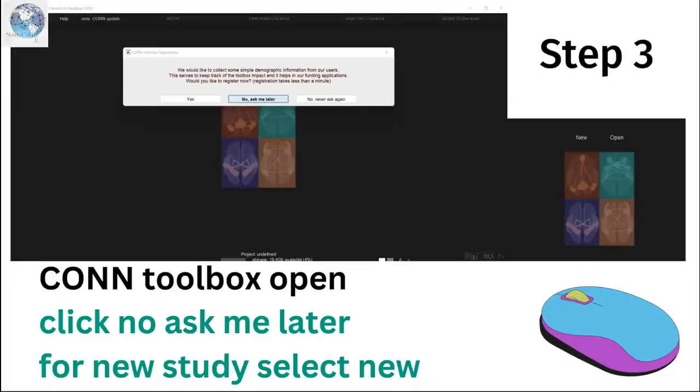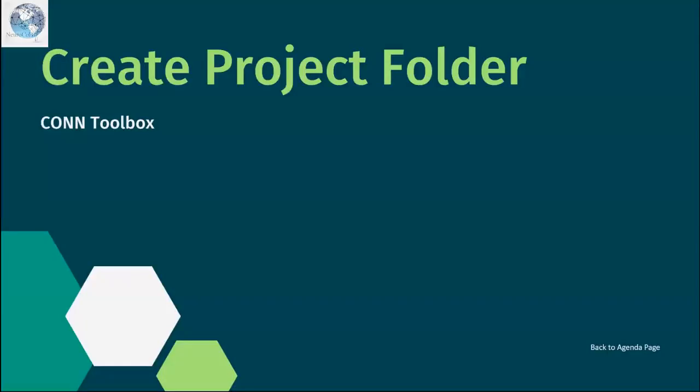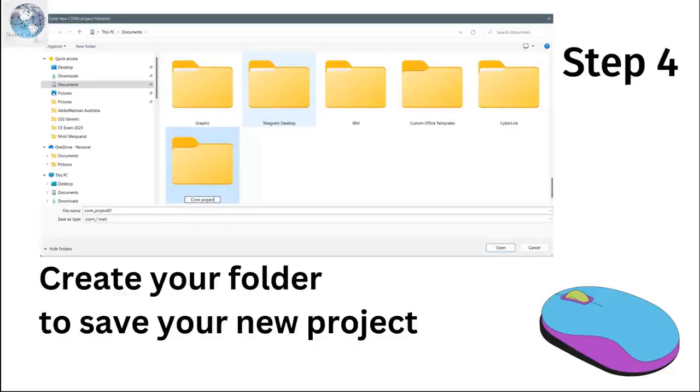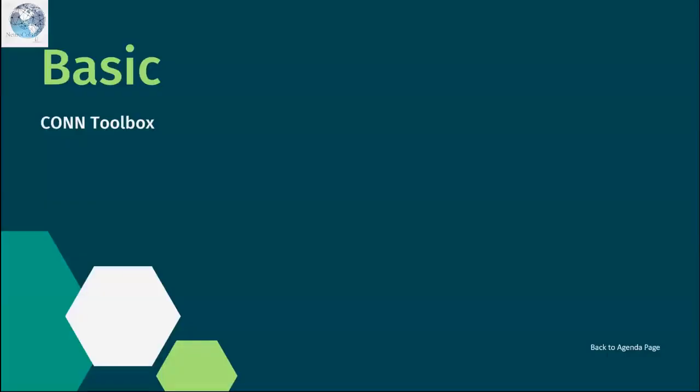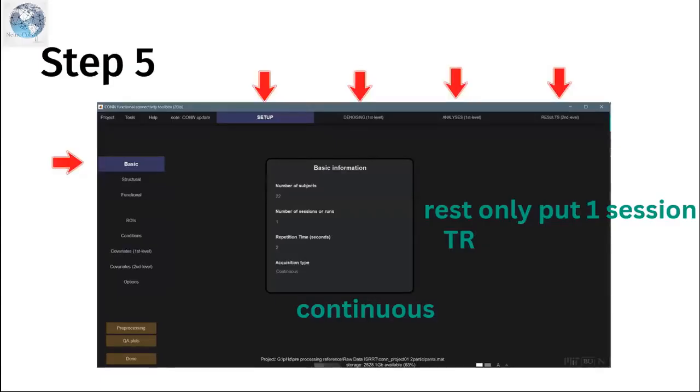And then you create a new study, or select a new project. To create the project folder, you need to do a new project. You need to create a new folder. So this is the study for this project. Meaning that you have to create the folder first, then you set up the basics in the Conn-Toolbox.